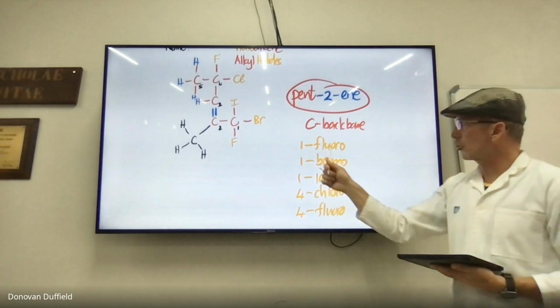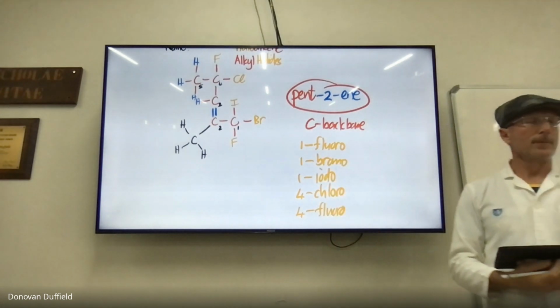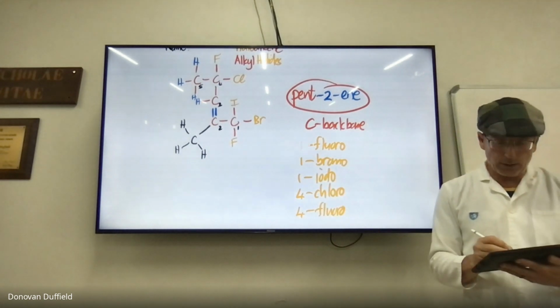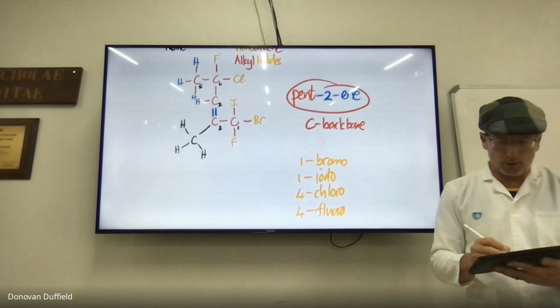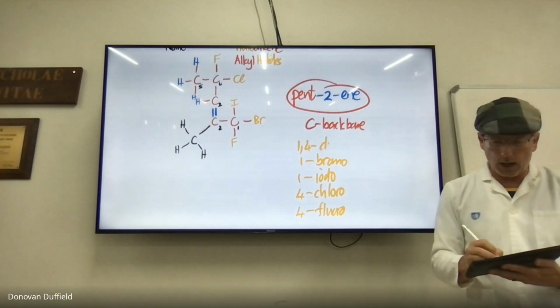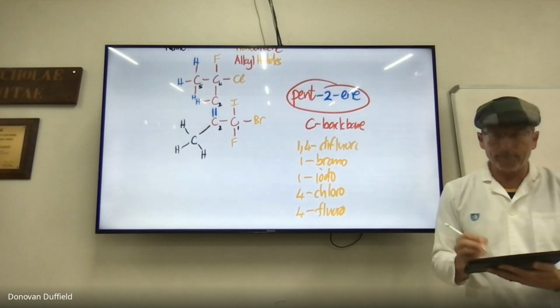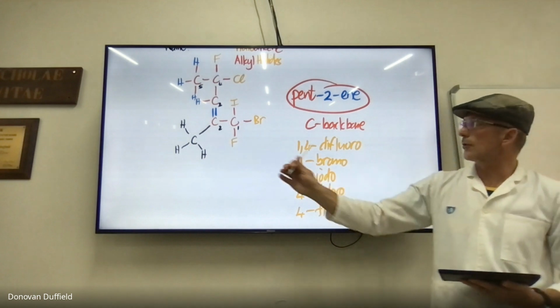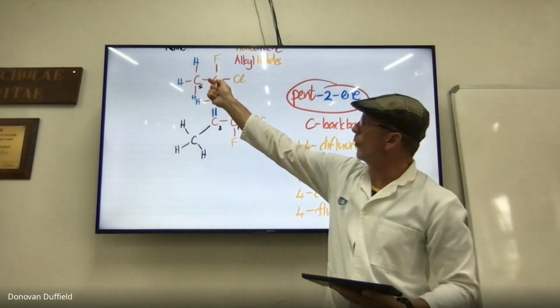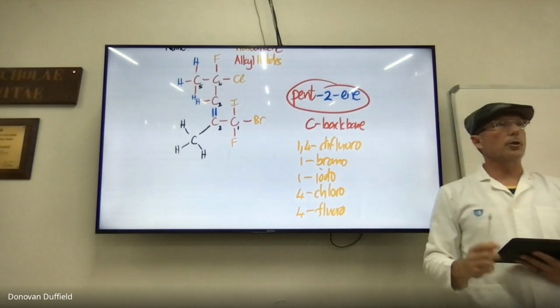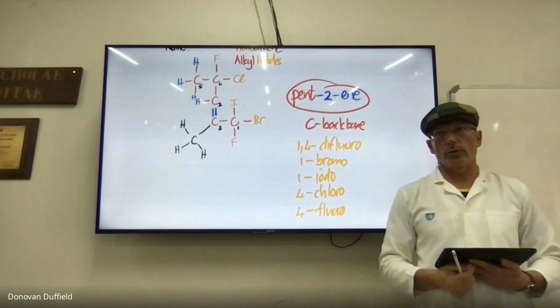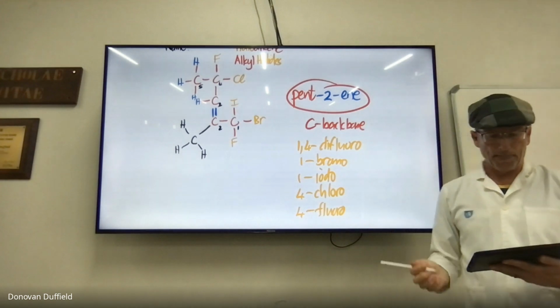Now, can you see you've got 2 fluoros there? So what we're going to do is say, okay, so this is 1,4-difluoro. Can you see on 1 and on 4, you've got fluorine. So it's 1,4-difluoro.